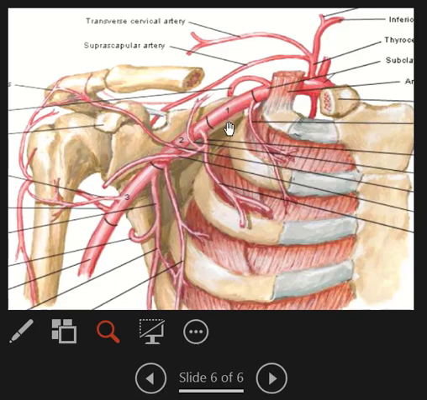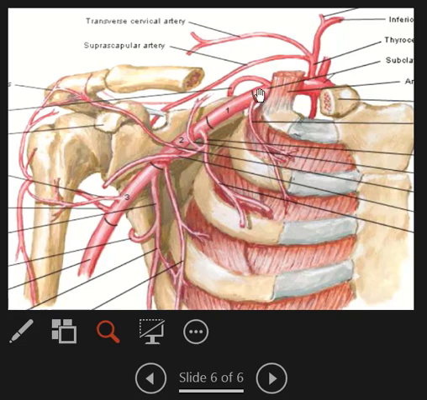After that, this artery changes its name, and the name would be axillary artery. So this is the subclavian artery.